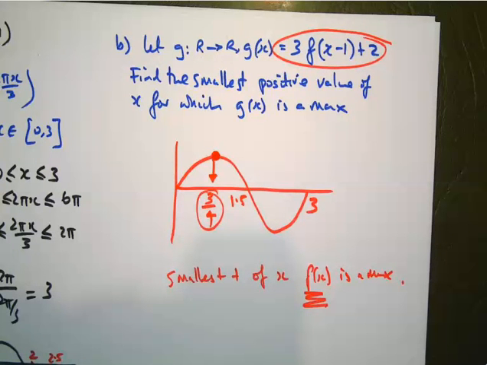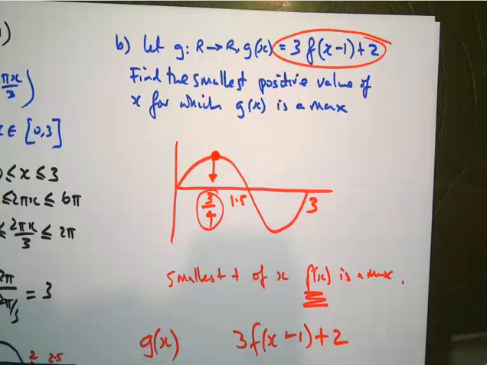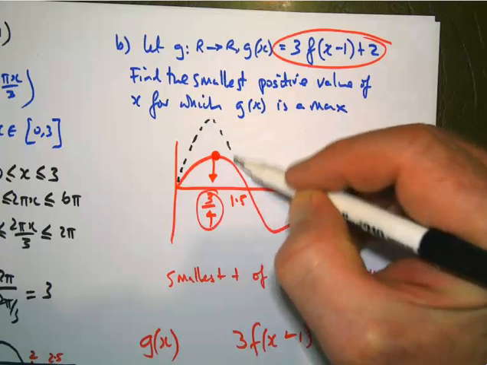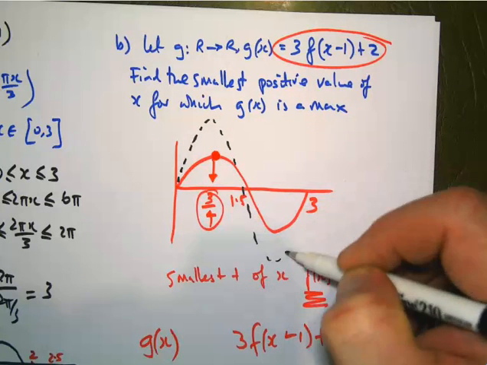Now I need to do it for g. Now what's happening to f to turn it into g? I've got 3 f(x minus 1) plus 2. I've got a transformation by a factor of 3, which is a dilation away from the x-axis. So that's going to make the curve look like this, by a factor of 3.